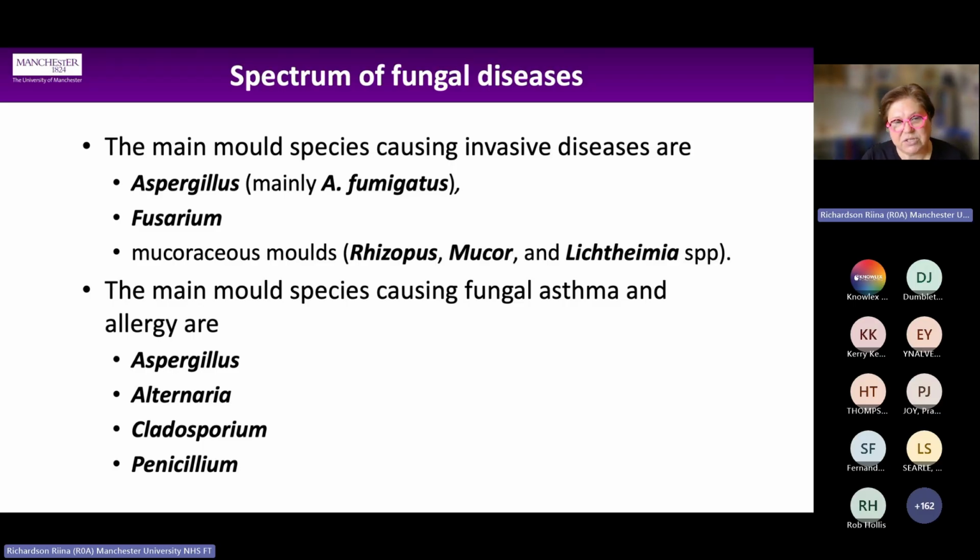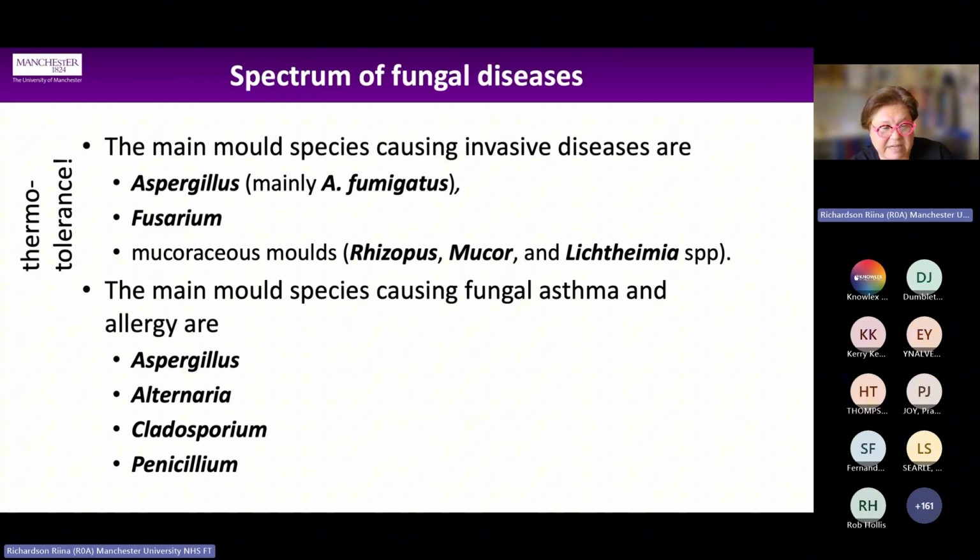Now, why aren't the same species causes of both invasive disease and allergy and asthma? The limiting factor really there is thermotolerance, the lack of thermotolerance of Cladosporium and Alternaria species, which means that they can't grow at human body temperature. They are environmental molds.